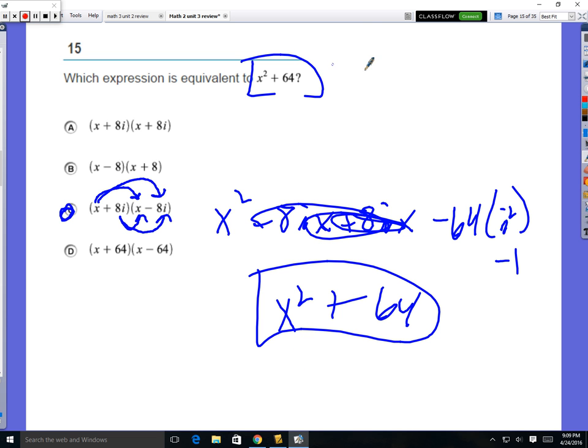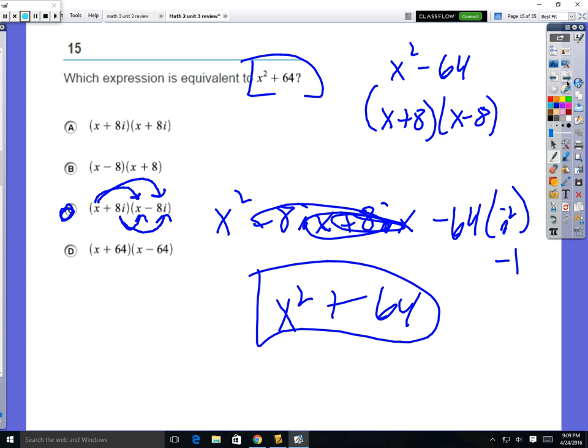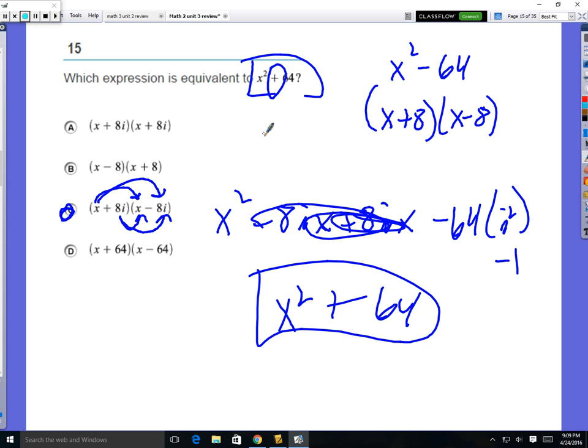There is a big difference. If this was x squared minus 64, then it would just simply be x plus 8 times x minus 8. So the only way you can have two things multiplied and give you a plus is if you've got an imaginary times an imaginary.